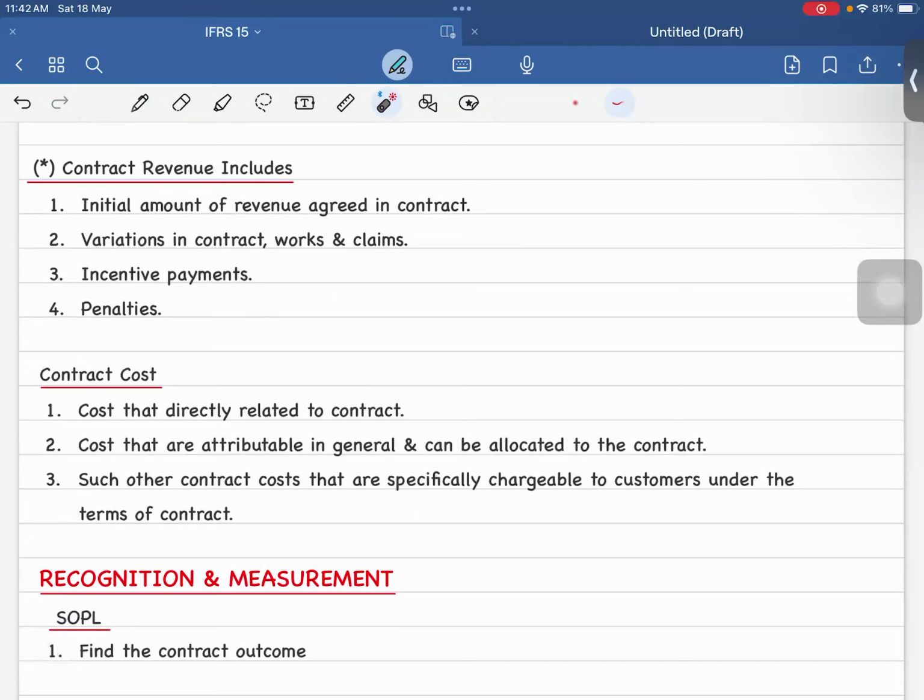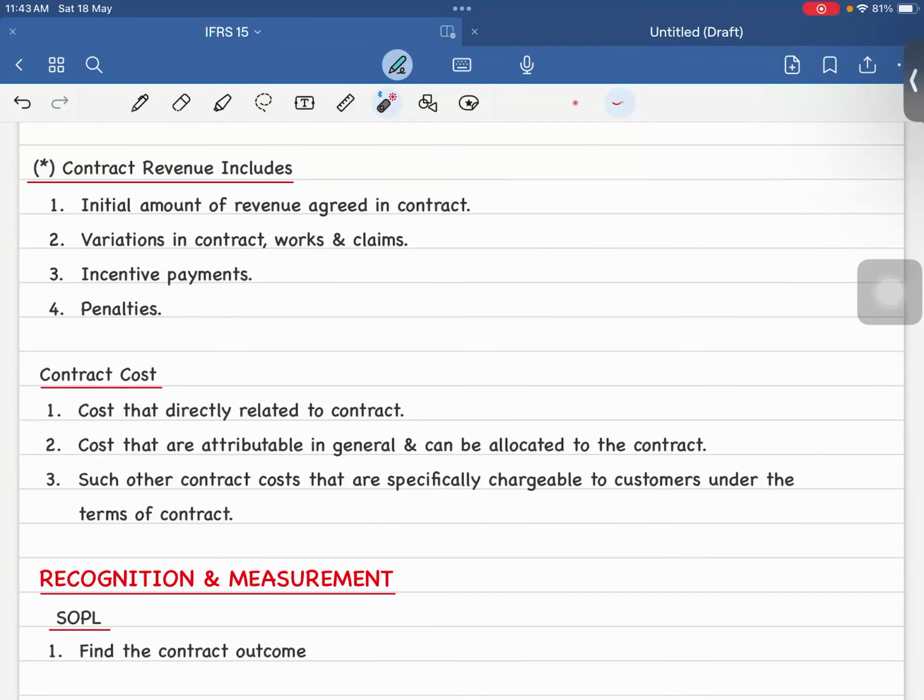Now is the contract cost. So how much goes into the cost? First, you're going to take all the costs that are directly attributable to the contract, that is the material cost. If you want to build a building, you want the cement, the sand, the bricks. So everything that is directly attributed to the construction would be taken.